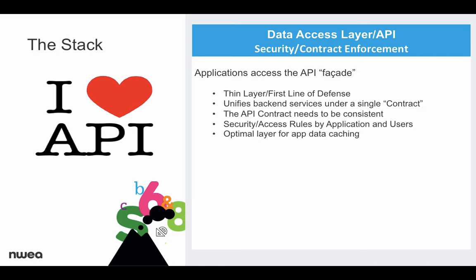If I'm going to go get a list of people who belong to a school district, I expect the pagination to work the same. I expect to be able to put the same kind of headers in there to get it back as either a JSON file or as a CSV file coming back as the response. I expect my security credentials to be the same. I shouldn't have to have different keys for different resources.